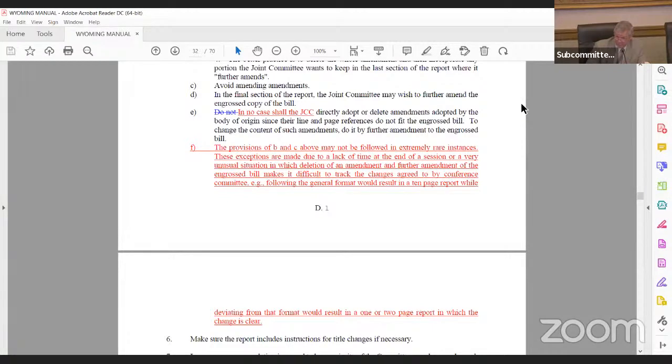Rather than replicating that entire 10-page amendment, we have, in a handful of situations, said, okay, adopt Senate Amendment, whatever, and in Senate Committee of the Whole Amendment number 1, subparagraph C, delete and insert, and then we'll do the insertion or deletion of the word not in there. All we're trying to do is catch that really rare circumstance. It happens maybe once every 2 or 3 sessions. Please proceed.